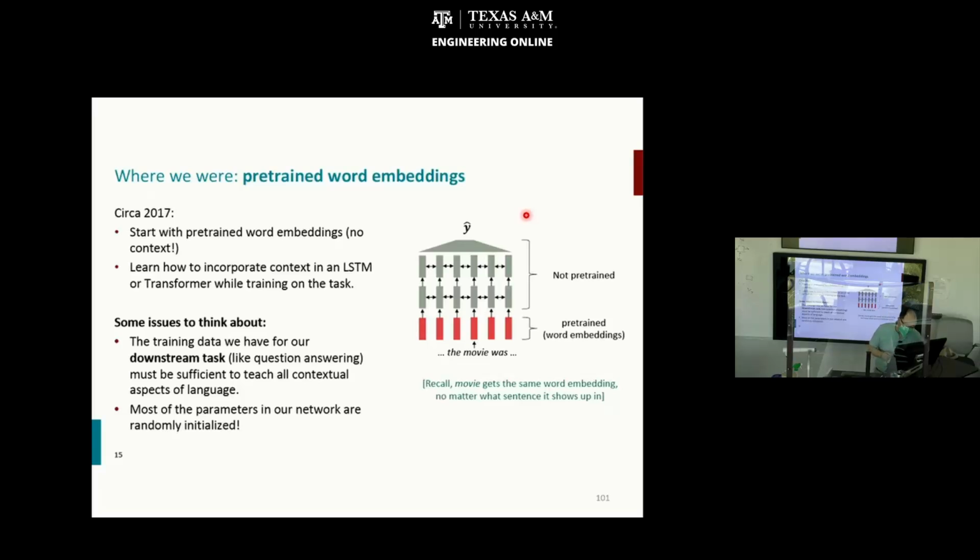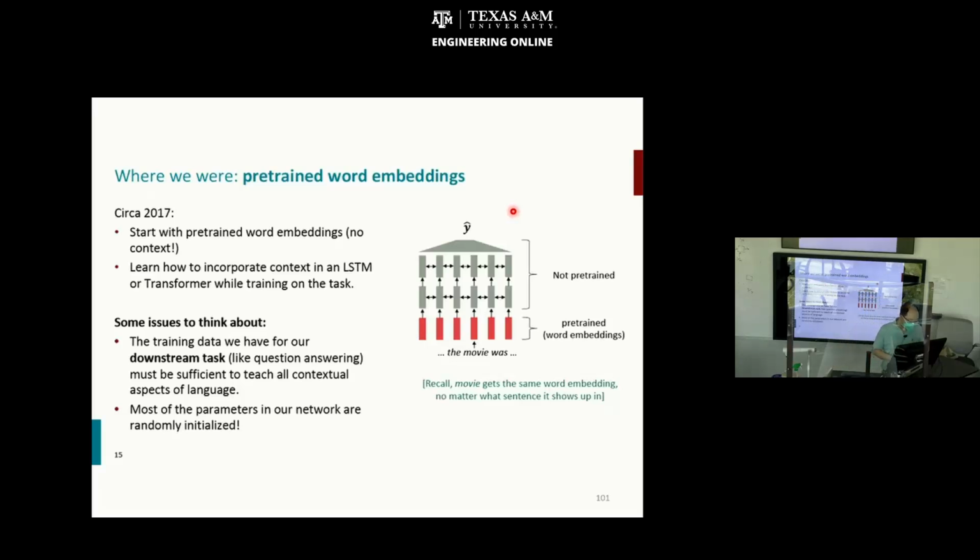These parameters are gray, meaning they are not pre-trained. So when you are training your supervised task, these inputs are pre-trained, but most of the model parameters are randomly initialized. And that's the bulk of your model parameters.